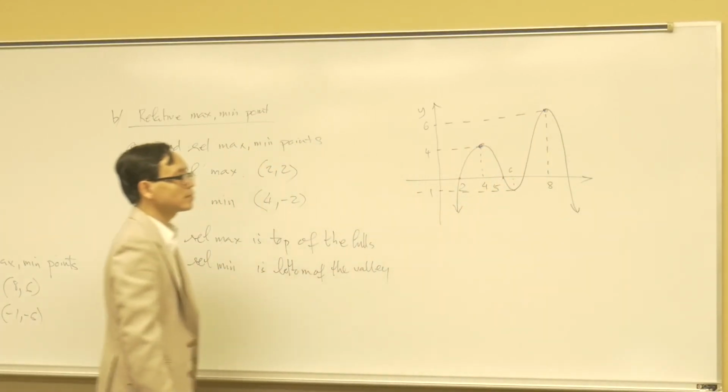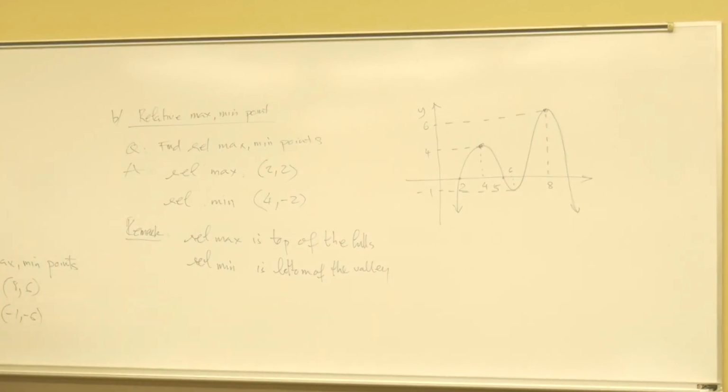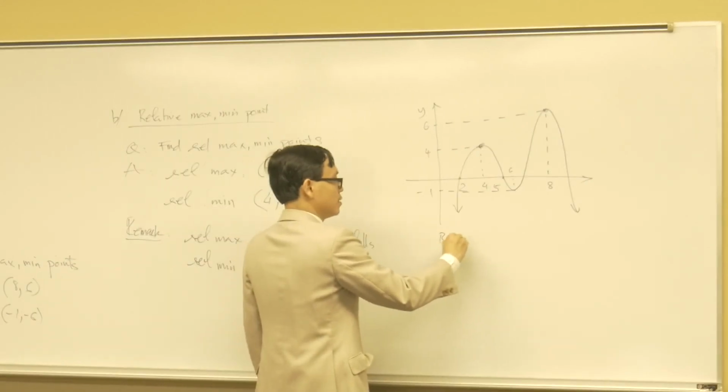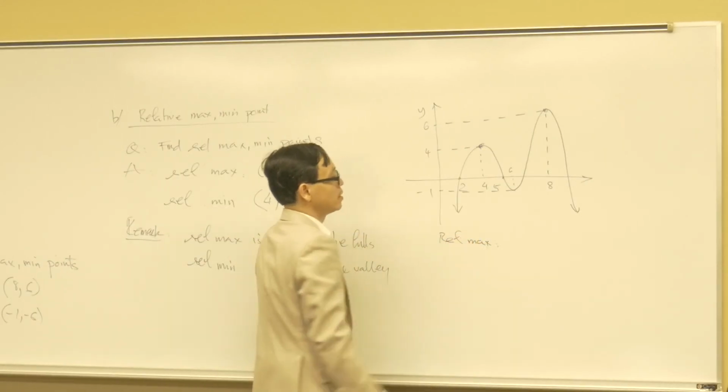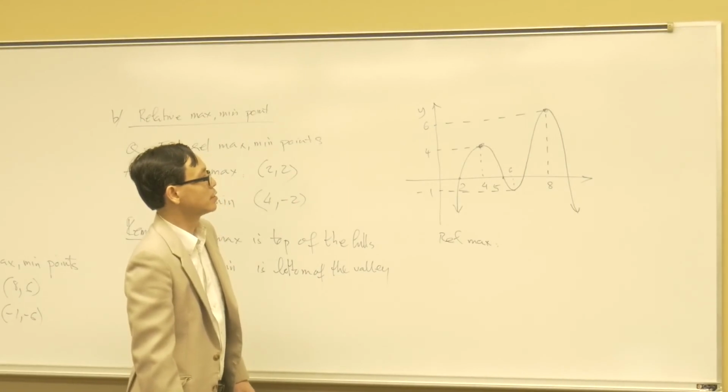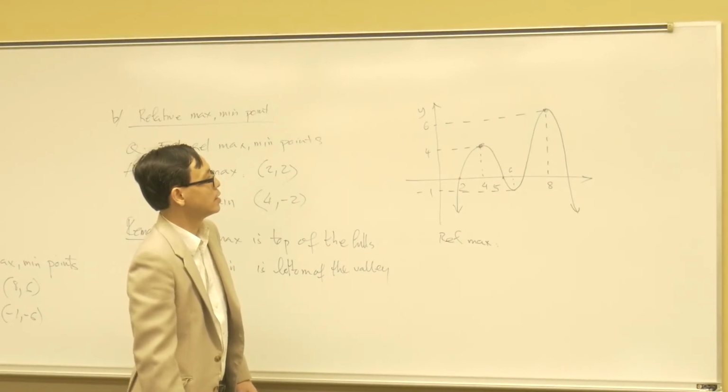If we have 2 hills, we have 2 relative max. So what is the coordinate of the top of the hill? 8, 6.